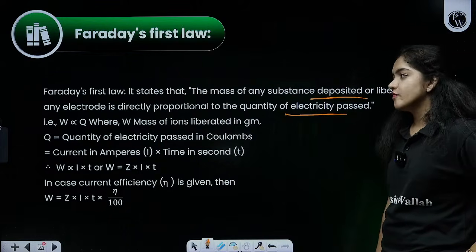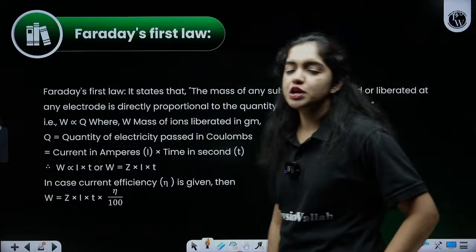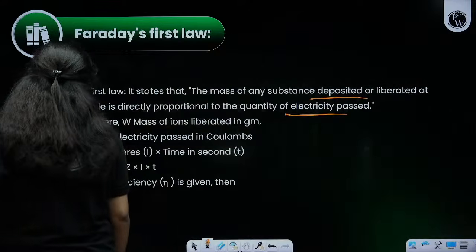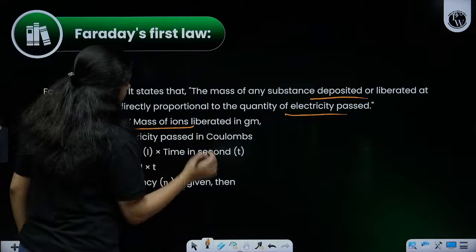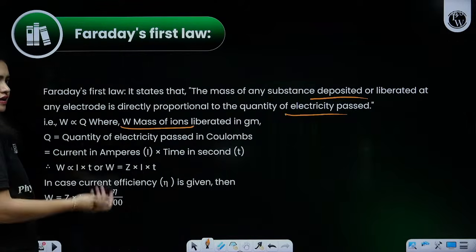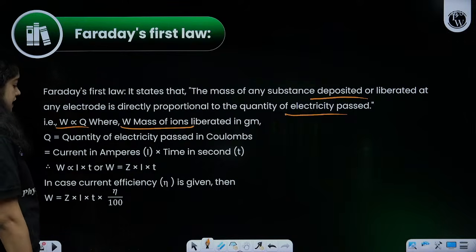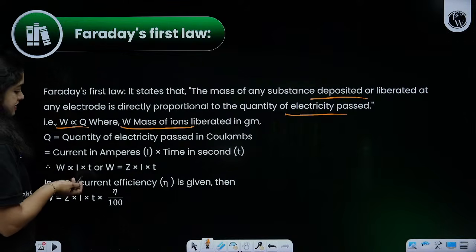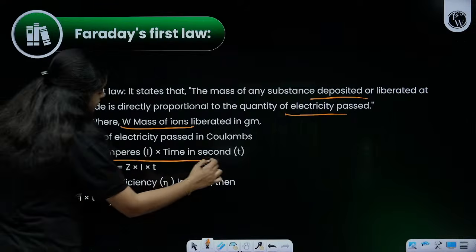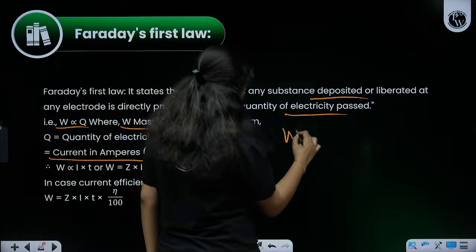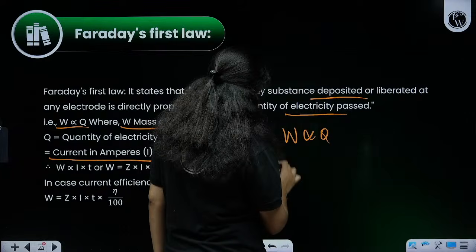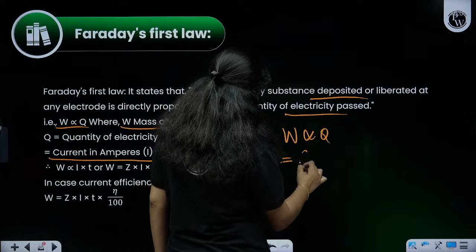W is directly proportional to Q, where W means the mass of the ions. Instead of W we can write M also, no problem. W is directly proportional to Q, where Q is the quantity of electricity, and we can write Q as charge, current in ampere into time in second.